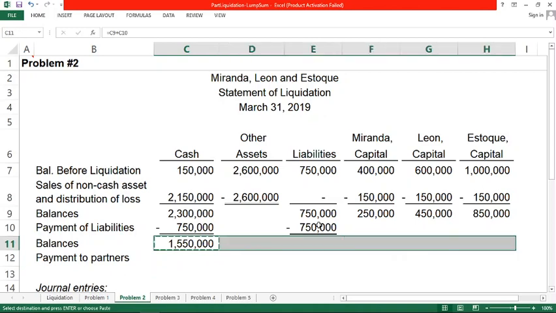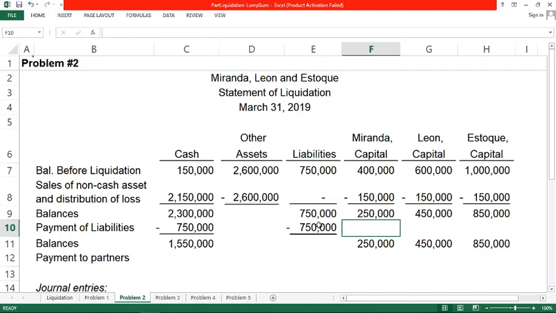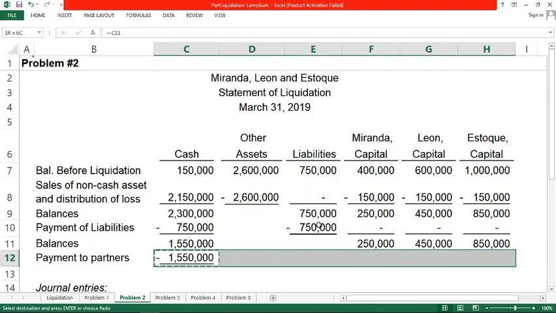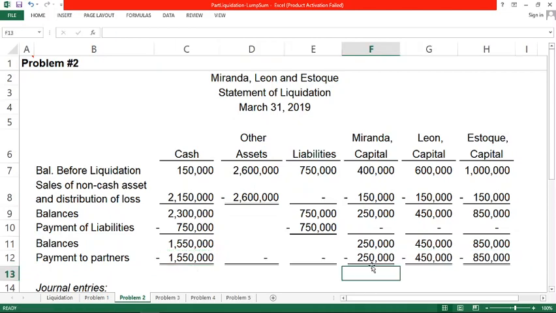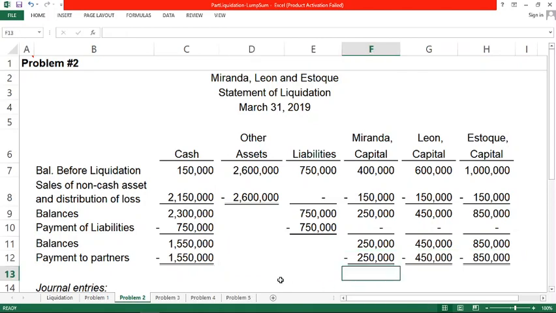This 1.55 million will be distributed to the partners because we are done selling the assets and paying the debts. Would you agree that 250 plus 450 plus 850 is 1.55? Alright, so there you go.